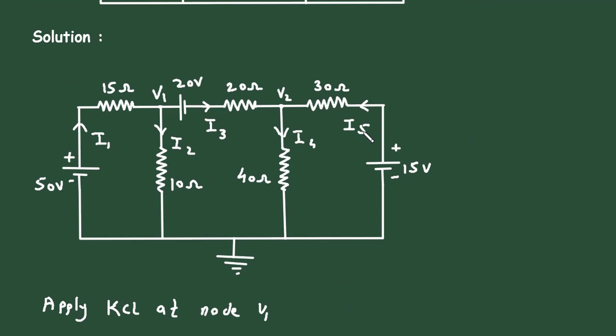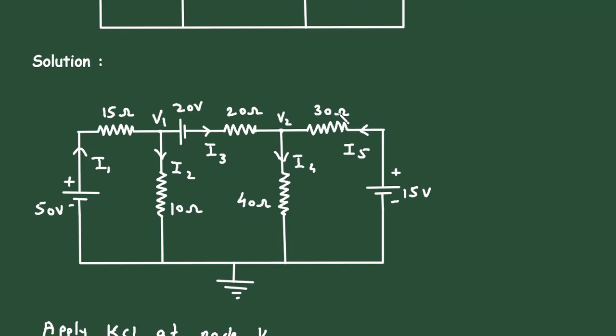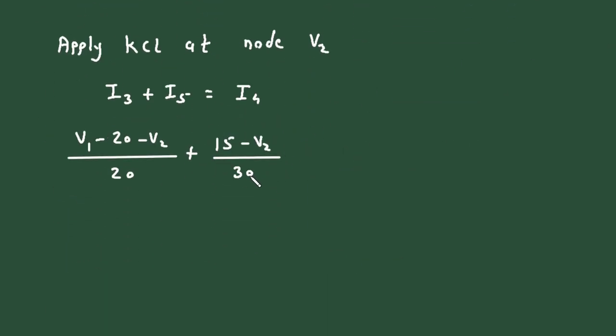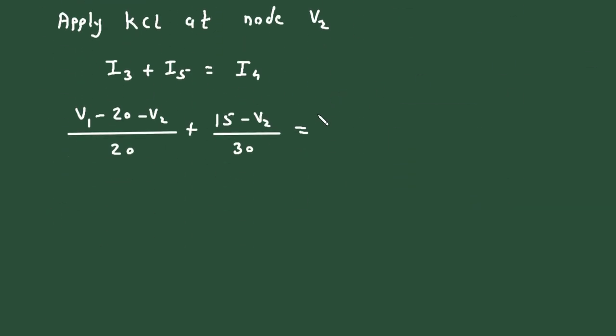This I5 in voltage form will be (15 minus V2) divided by the resistance value, which is 30 ohm, and it is equal to I4. Now I4 in voltage form will be (V2 minus 0) divided by 40.